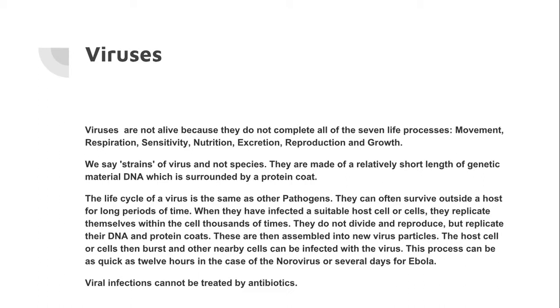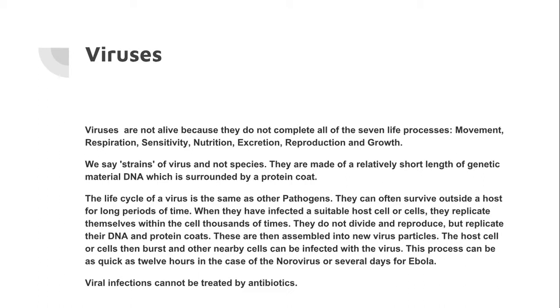They are made of a relatively short length of genetic material, DNA, which is surrounded by a protein coat. The life cycle for a virus is the same as other pathogens. They can often survive outside a host for long periods of time.